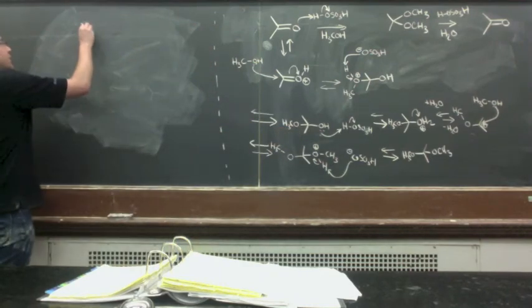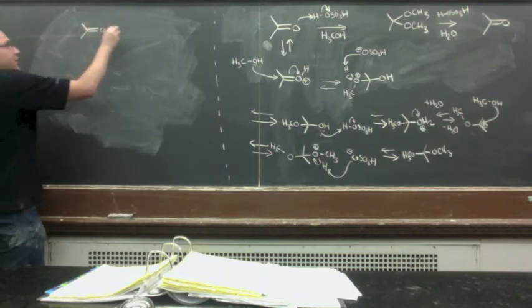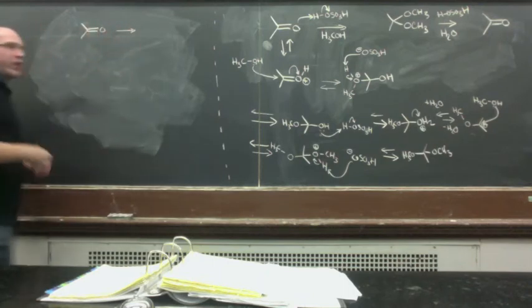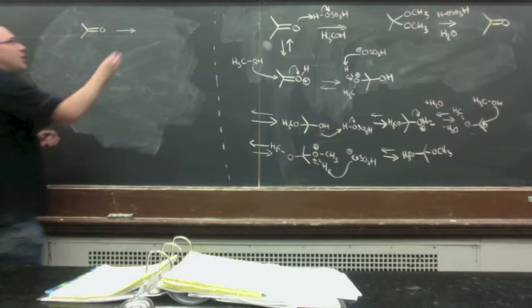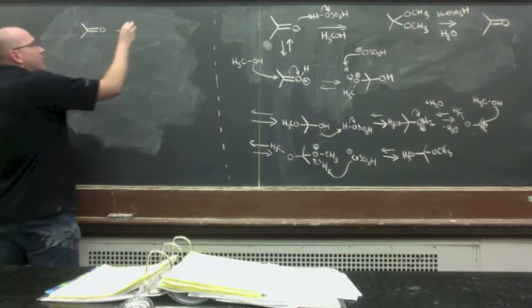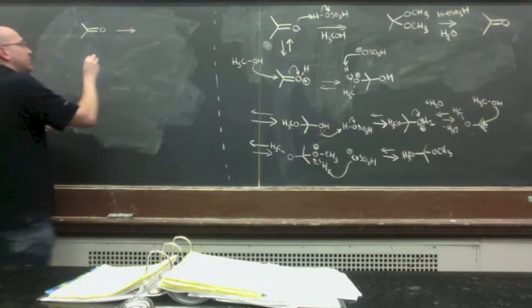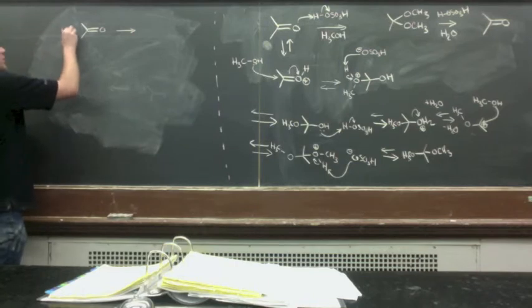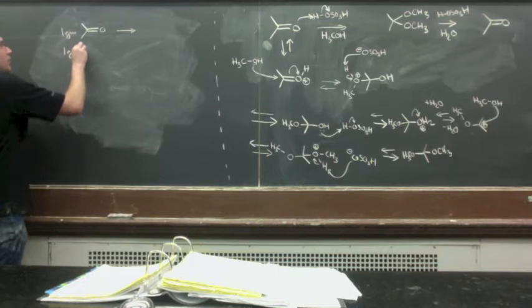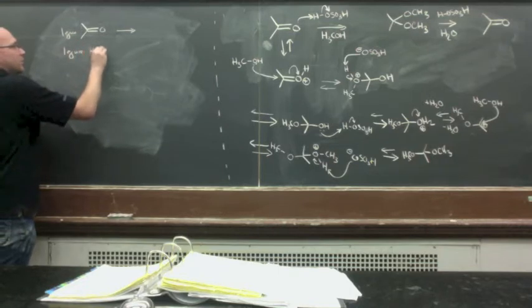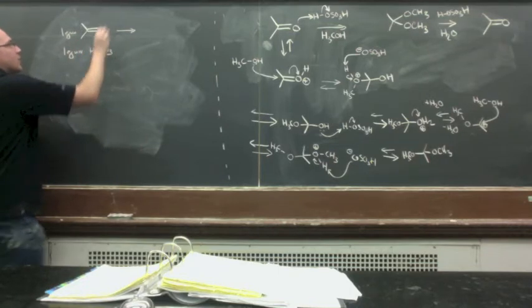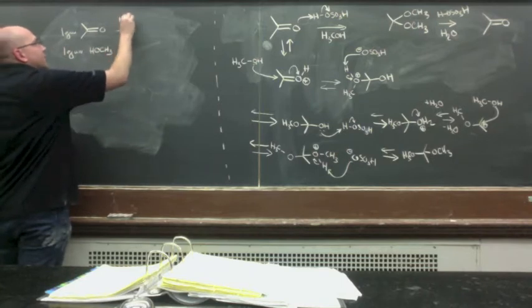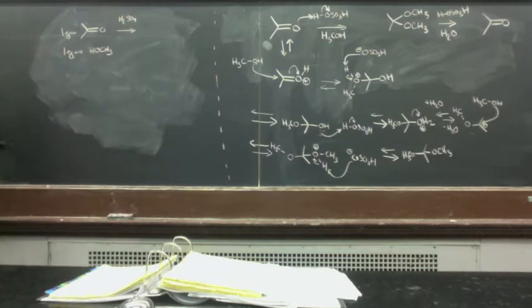Say, for example, we're in a situation where statistically speaking, we had one equivalent of methanol, and you had sulfuric acid in here. This is just a point that I want to make really quickly. If we did this reaction with an alkene, it would react no problem. You would add across that one time.